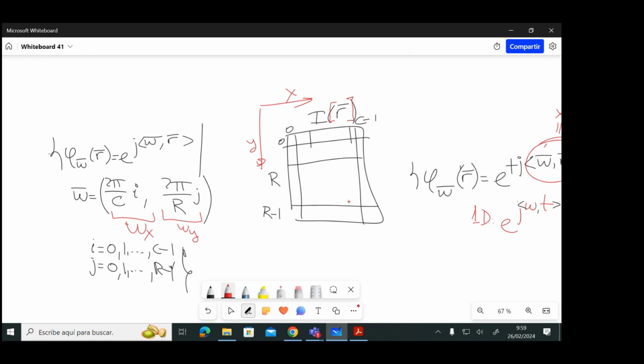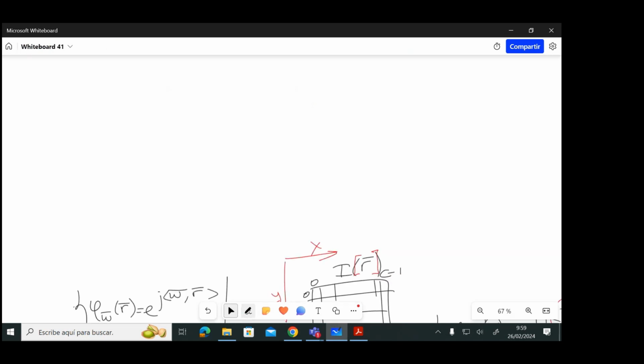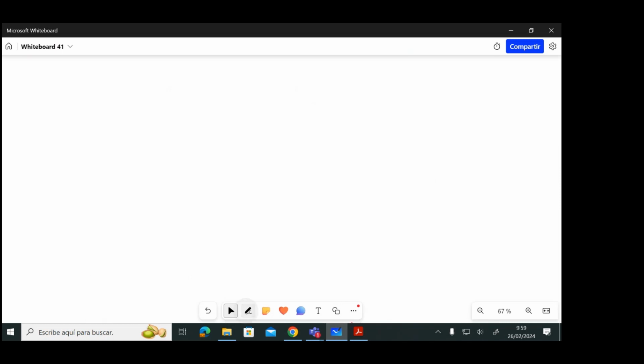There is a comment that is the following. I will do it in 1D because for me it is simple to draw. So let's say that we have this x of t. My x of t is this one.